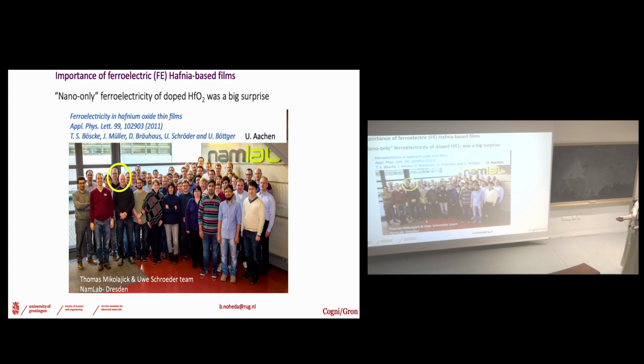So this first paper was published by Uwe Schröder from the NaMLab in Dresden, where they discovered this effect. And the proof that this was ferroelectric polarization was thanks to the group of Ulrich Böttger at the University of Aachen.